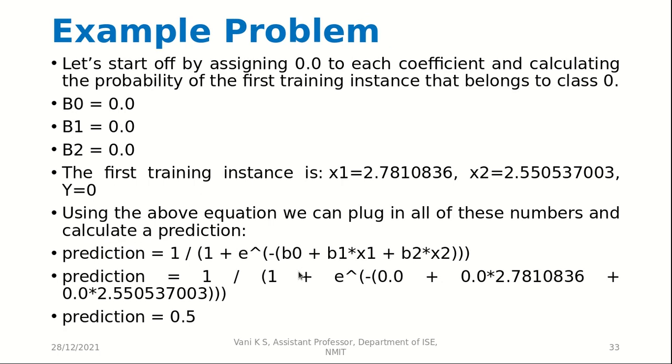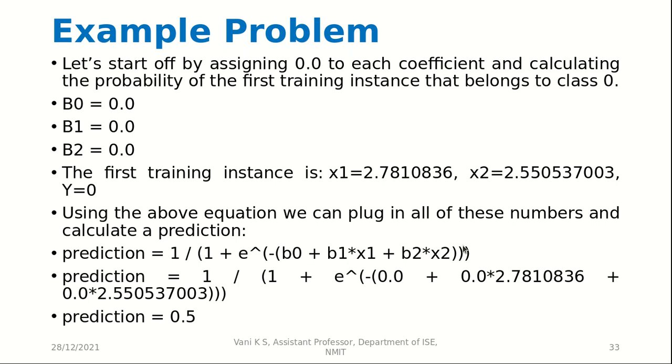So here we have two predictor variables, x1 and x2. Two predictor variables are there, so the weights will be three: b0, b1 and b2. b0 again is the bias, you can say. First we will take all three as 0, and then we use the main equation here, which will be prediction is equal to 1 upon 1 plus e to the power minus of b0 plus b1 x1 plus b2 x2.